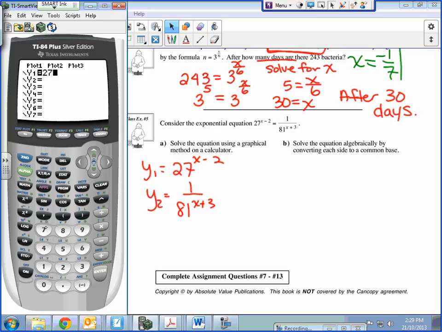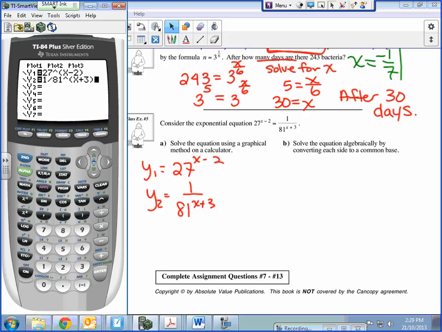So 27 to the exponent bracket x minus 2 bracket. y2 is 1 over, and then 81 to the exponent bracket x plus 3 bracket. This is all 1 and this is all 1. You could put this in brackets if you wanted to, but you don't have to.